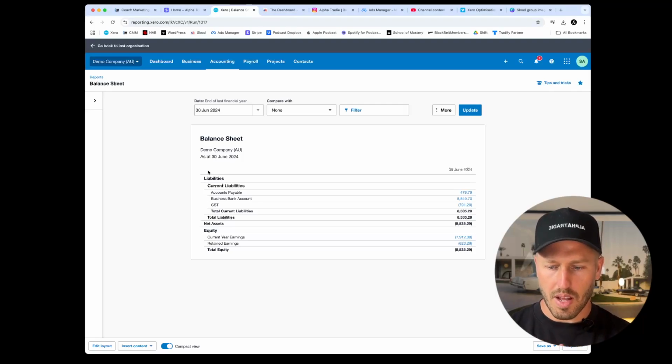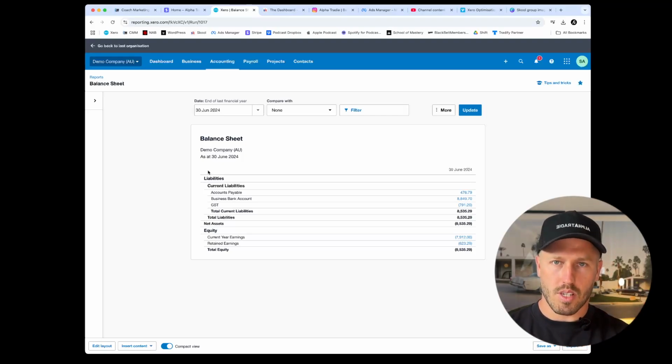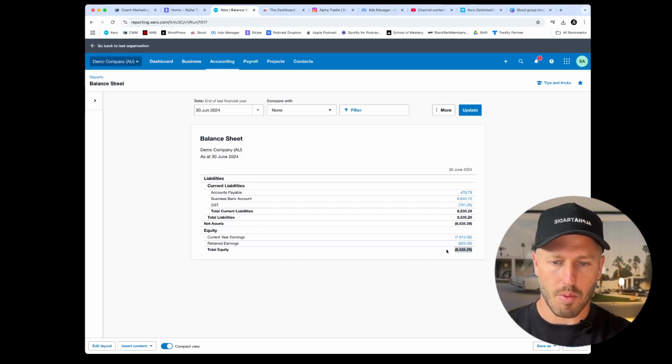But this really, the balance sheet really is somewhere where we say, if everything is said and done and we stopped operating, at the end of the month, all of our invoices were paid, all of our liabilities were paid, how much would be left over? That's really what we're working towards here on the balance sheet. And we can see in this demo company, if everything was said and done, we would be in a negative equity position of $8,500.